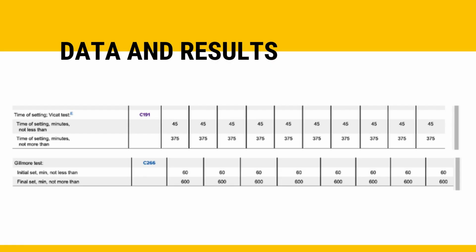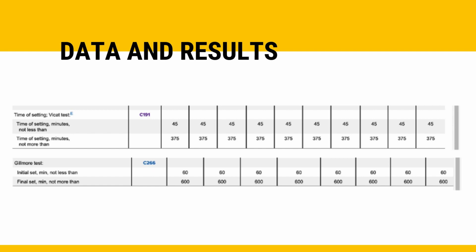In relation to the standards from ASTM C191 for the Vicat test and ASTM C266 for the Gillmore test, both thick and thin needles from the Vicat needle apparatus met the standard, since the standard time of setting for the Vicat test is not less than 45 minutes and not more than 375 minutes.